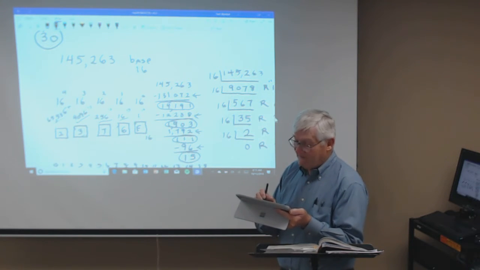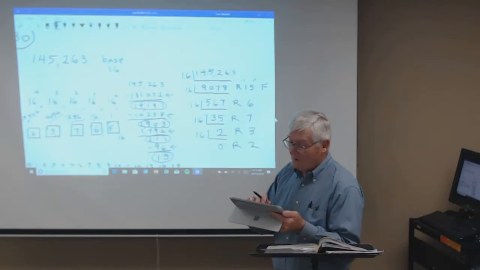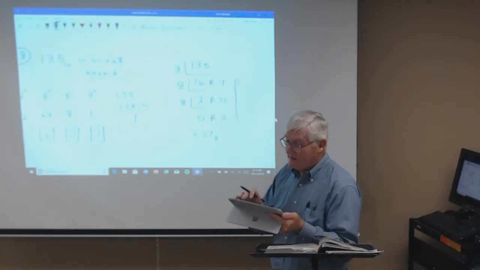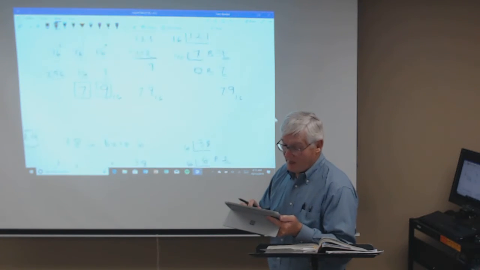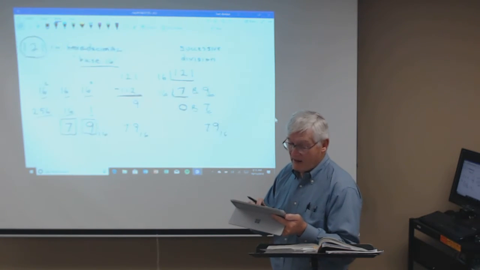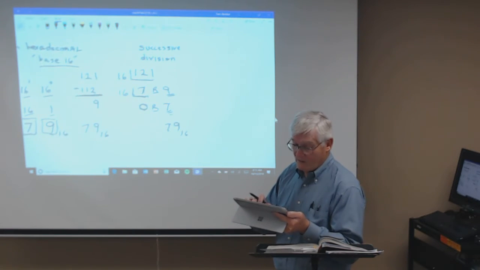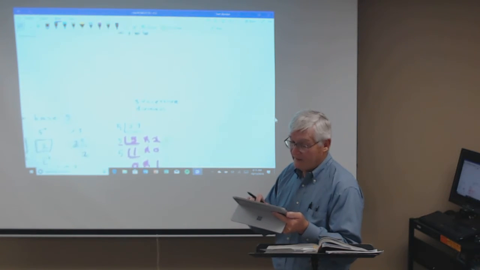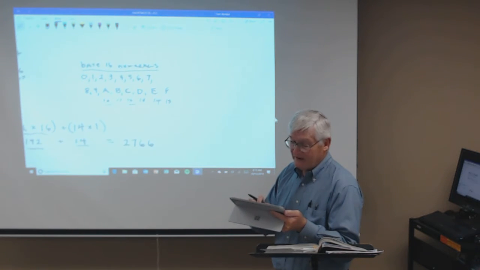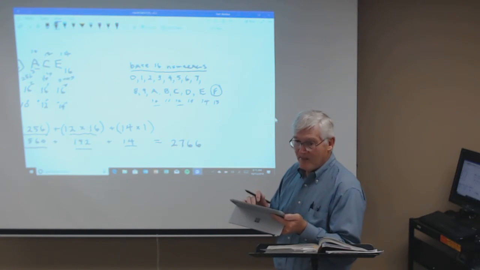So how do I say 15 in base 16? Where did I put my little chart up here? There it is, base 16 numerals. 15 is the letter F. Everybody see that?